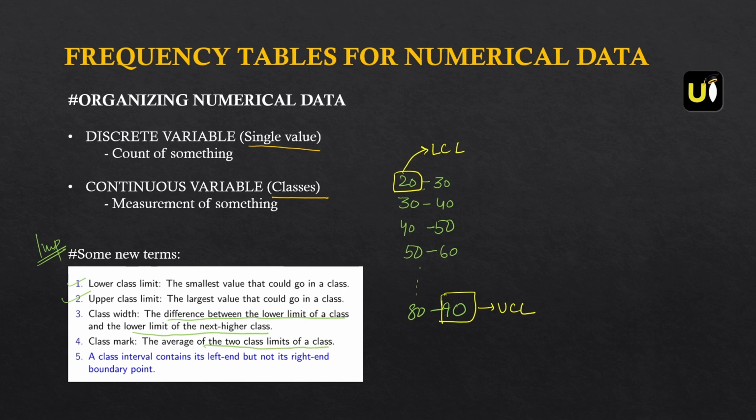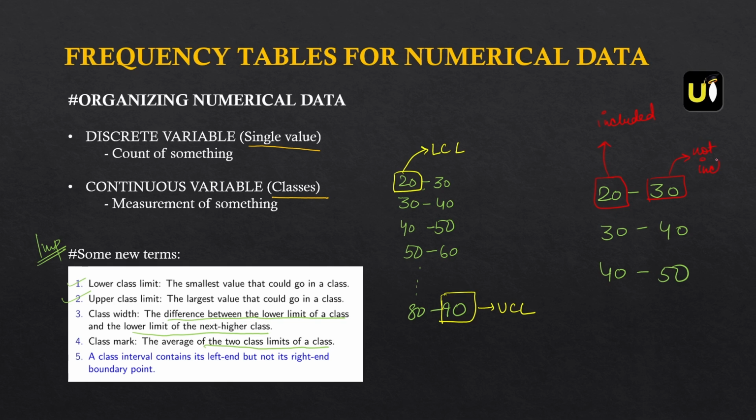Alright. Here we have a class interval that contains its left-hand but not its right-hand boundary point. Suppose we have the classes 20 to 30, 30 to 40 and 40 to 50. Here 20 is included and 30 is not included.